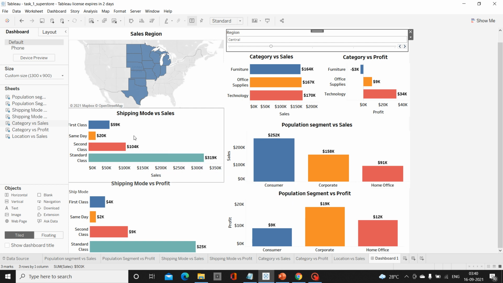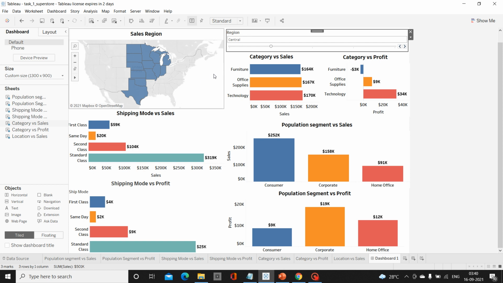Also, in case of shipping mode, we need to find way to increase attraction of customers toward same day delivery shipping mode, so that the profit we are earning from that shipping mode could increase, helping us to improve the overall profit.